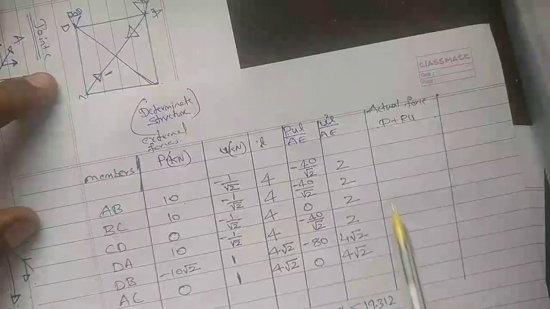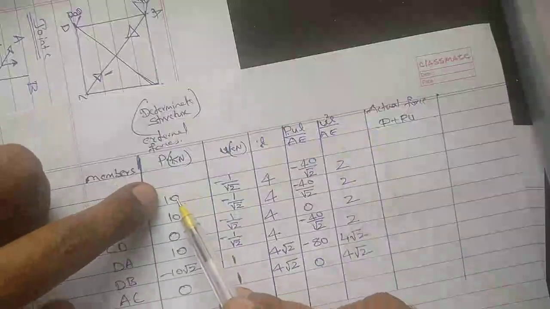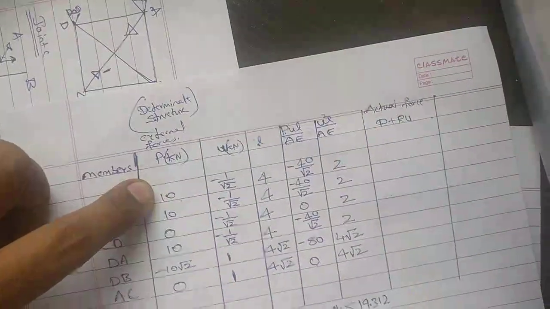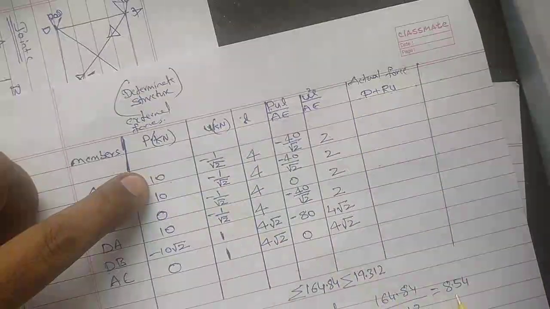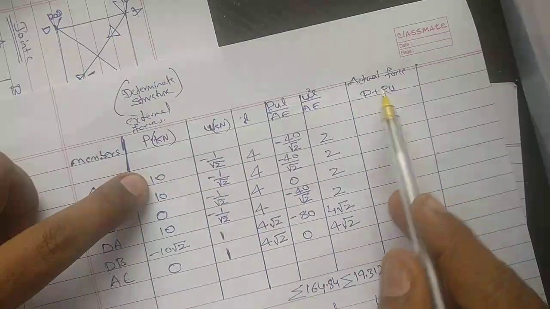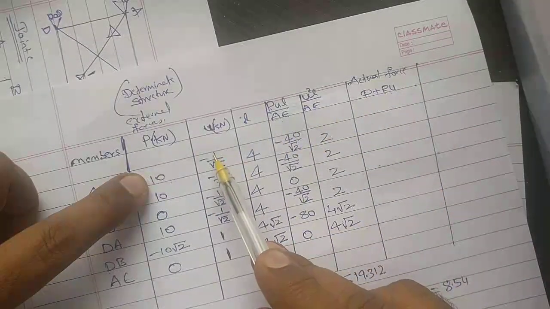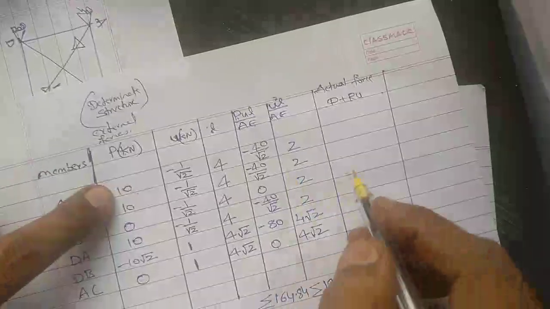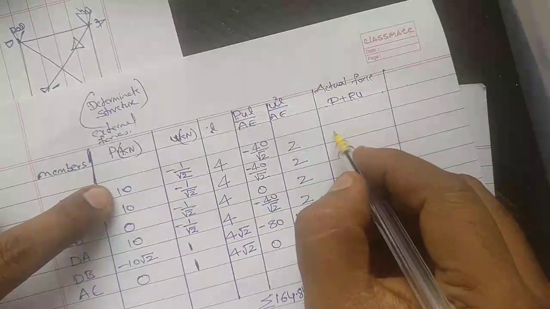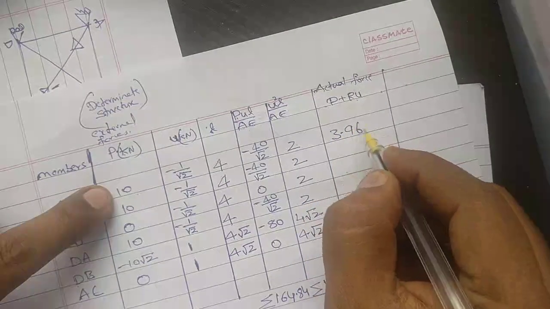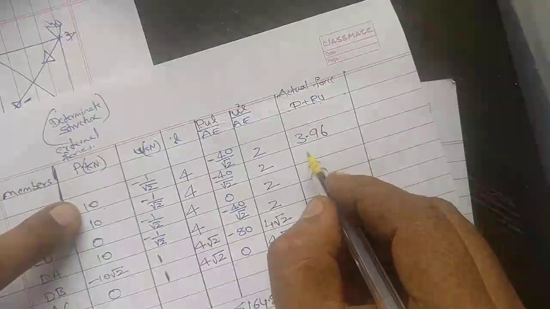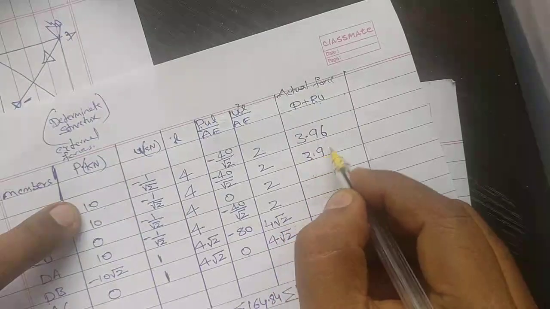So now we have to find the actual forces here. P is 10, R we got as 8.54, so 8.54 into this one minus 1 by root 2. When we do this, we will be getting 3.96. Here also we get 3.96.